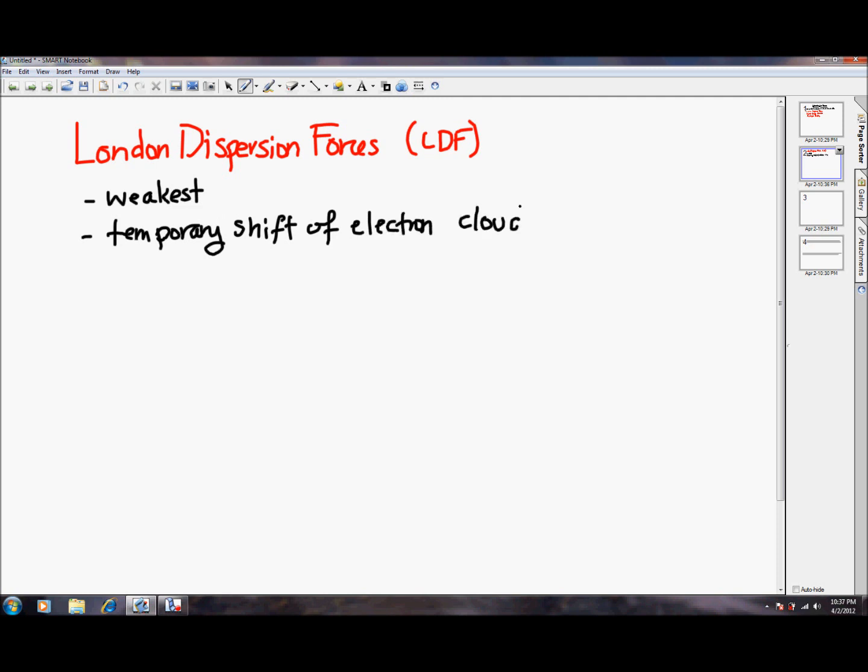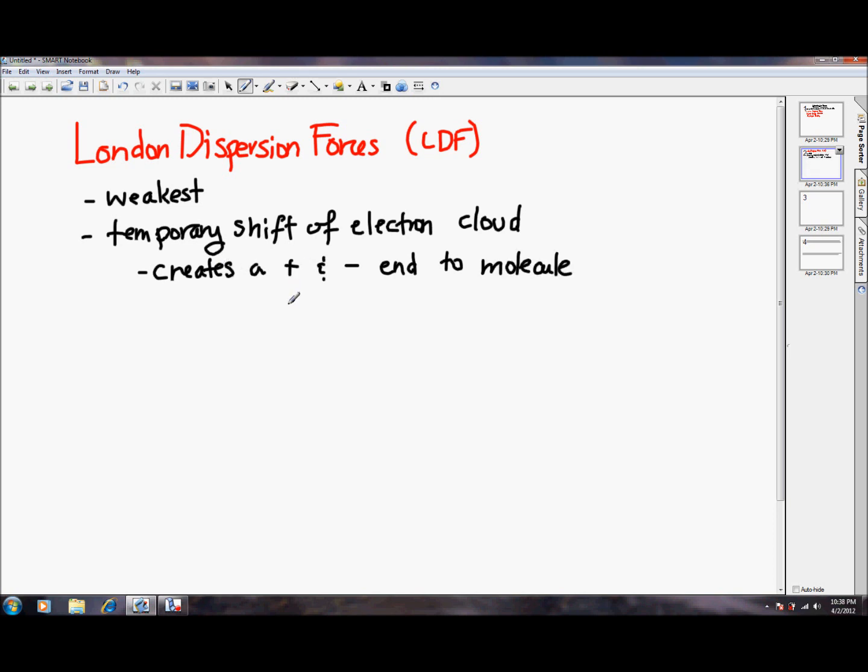It results when the electron cloud temporarily shifts to one side of an atom or one side of a molecule. And it creates a positive and negative end to the molecule.